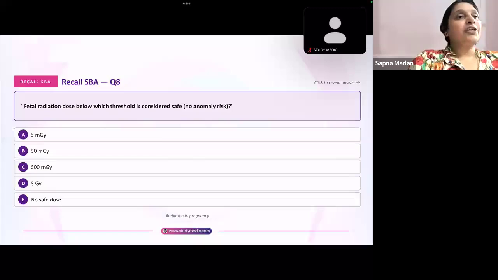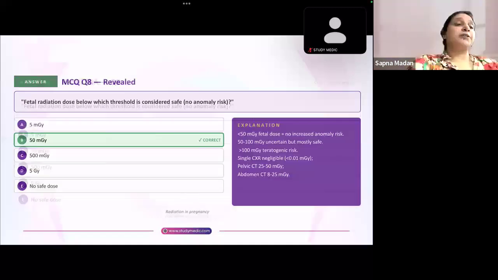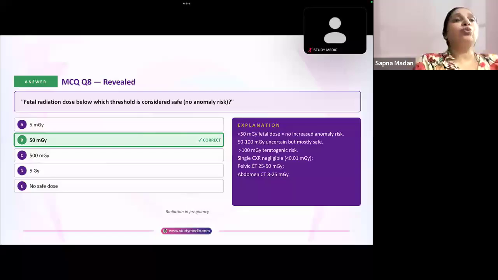Fetal radiation dose below which threshold is considered safe, that is, there is no anomaly risk to the fetus? Is it 5 milligrays, 50 milligrays, 500 milligrays, 5 grays, or there is no safe dose? We have discussed this. This is the table from the textbook, but we've not given you the table, but we discussed it. Less than 50 is considered safe in all trimesters.